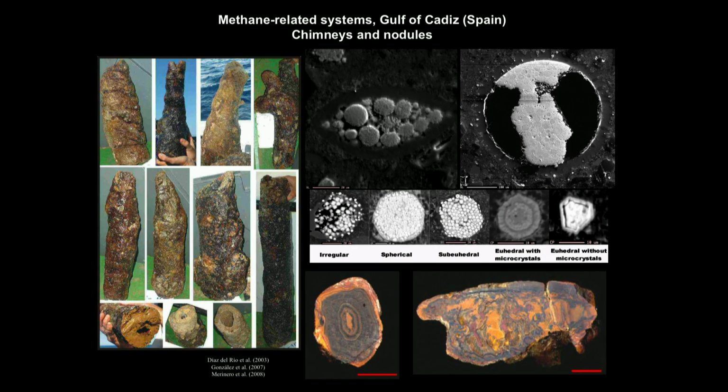This is in the Gulf of Cadiz. In the Gulf of Cadiz, this site is very interesting because of the existence of hydrocarbons and methanogenic vents. These vents give rise to the formation of nodules, and also submarine nodules, and also chimneys of methanogenic carbonates. So the carbonates are formed from the methane.